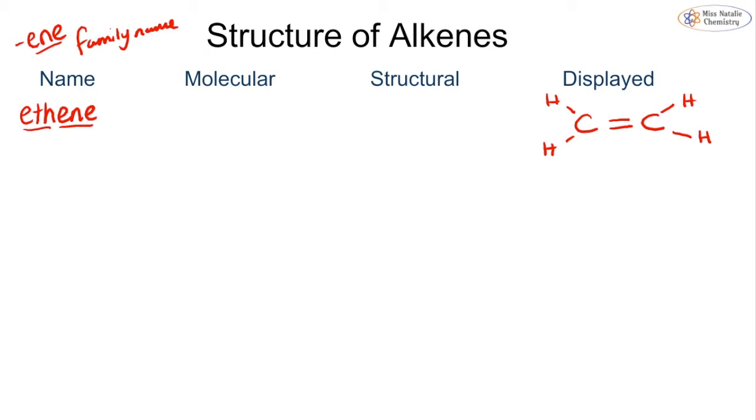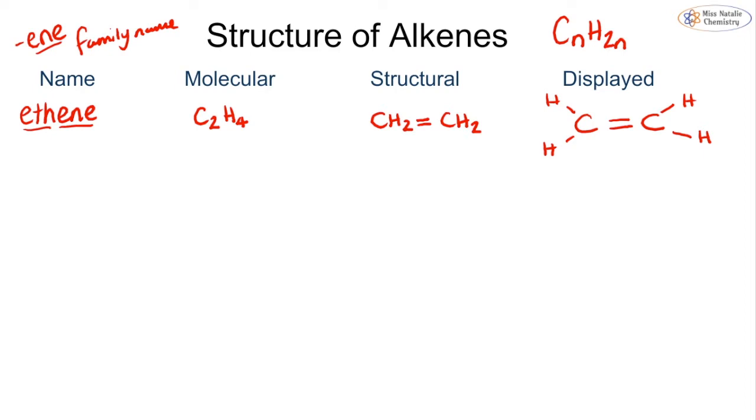When we then show this in the structural formula, we have to show the presence of the double bond. So we would write CH2 and then show the double bond and CH2 again. And then our molecular formula is simply counting. I have 2 carbons and 4 hydrogens. And we know that because our general formula, remember, is CnH2n.